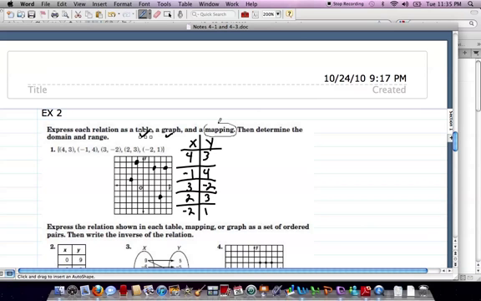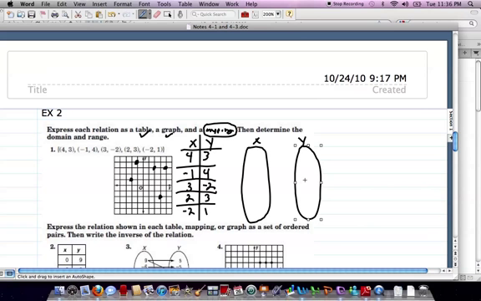Now mapping will be the new one. Now to do mapping, it just disappeared for some reason. Mapping. Alright, so to do a mapping, I simply start with my x, and then I have y here, and I'm going to make a very bad oval.